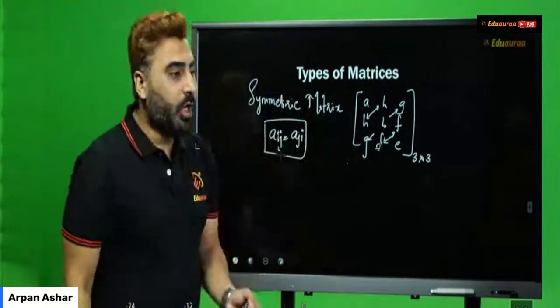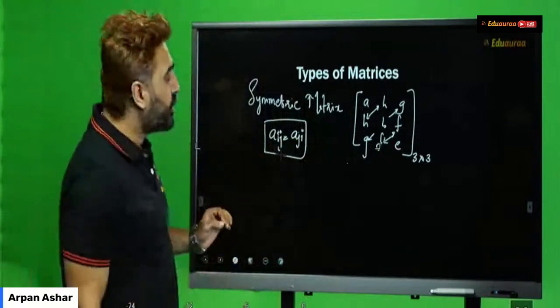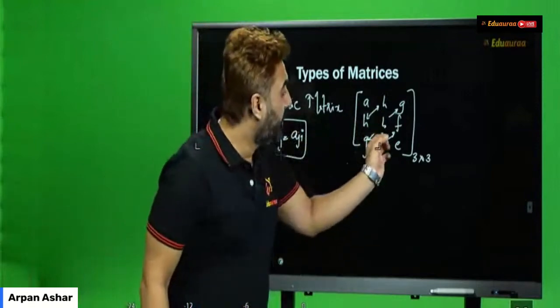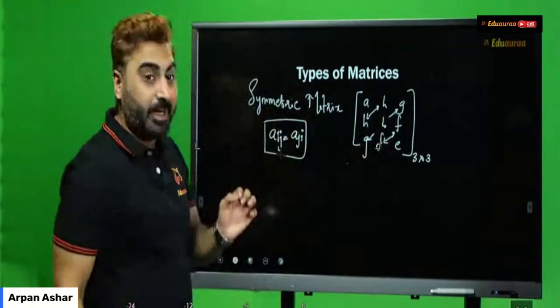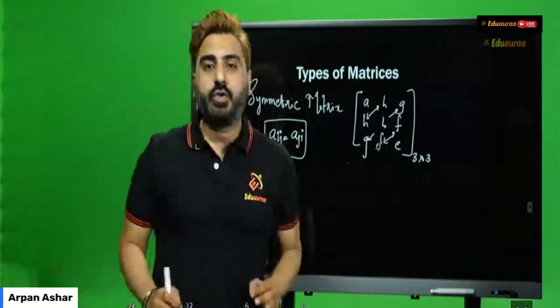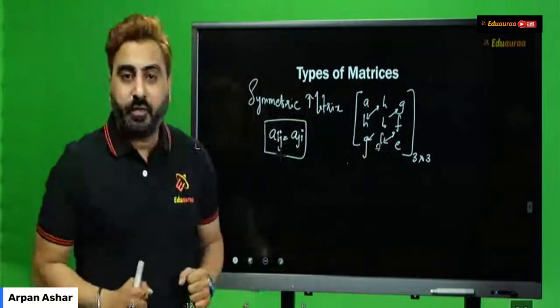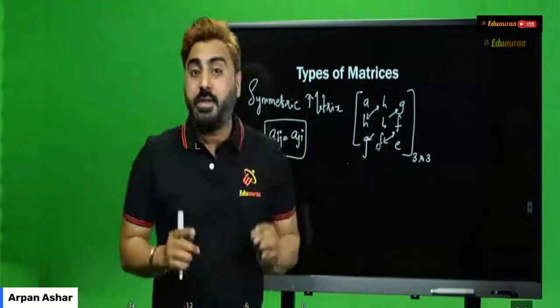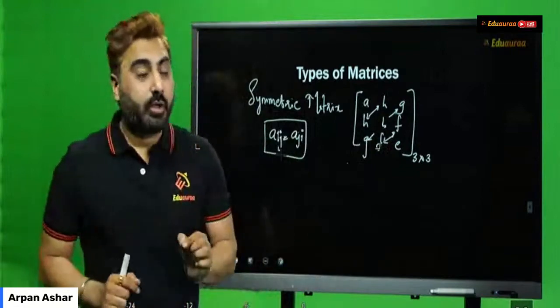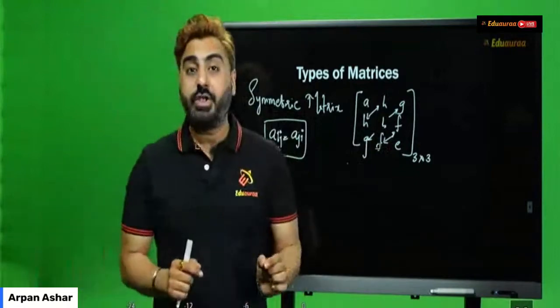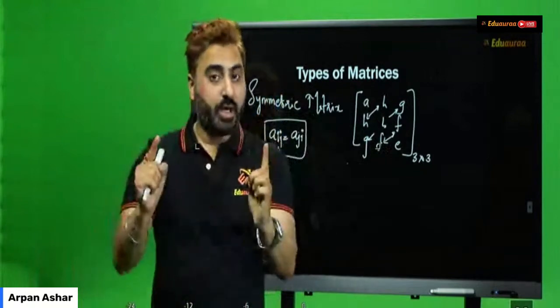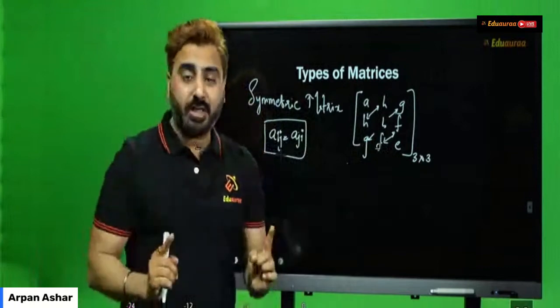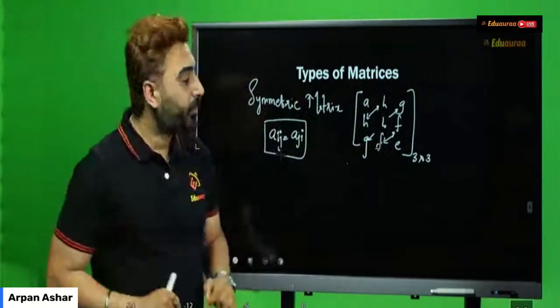Then there is one more condition, but students, before that, I will tell you the main condition for symmetric. There is something called the transpose of a matrix. So what is the transpose of a matrix? Transpose of a matrix is basically interchanging of rows and columns. So R1 changes to C1, R2 changes to C2, and R3 changes to C3.